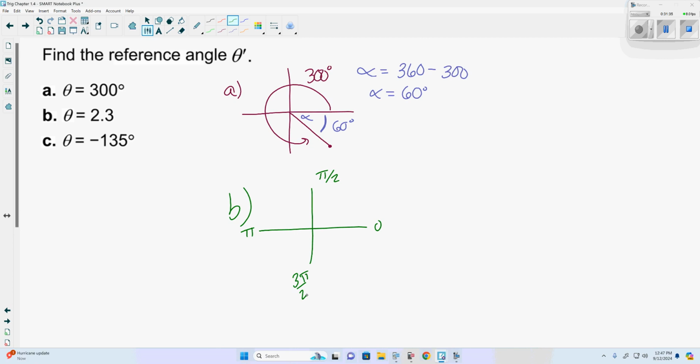Well, the decimal value for pi would be 3.14, yes? So we know that 2.3 is indeed less than 3.14. We just need to figure out, is our 2.3 bigger or smaller than pi over 2?